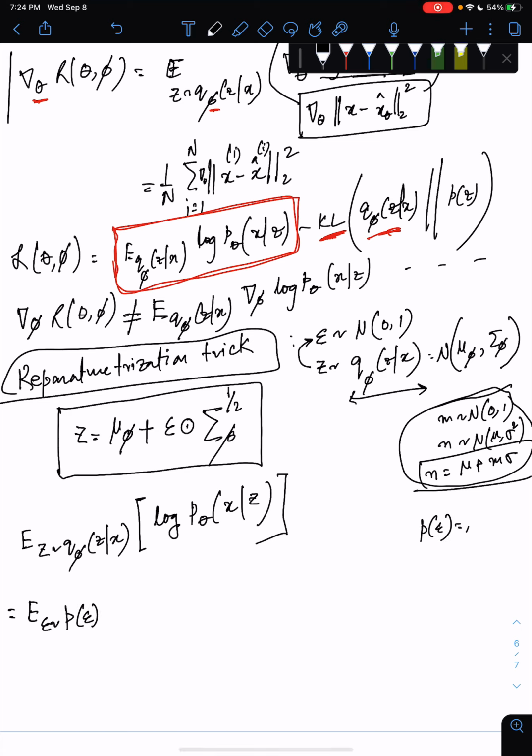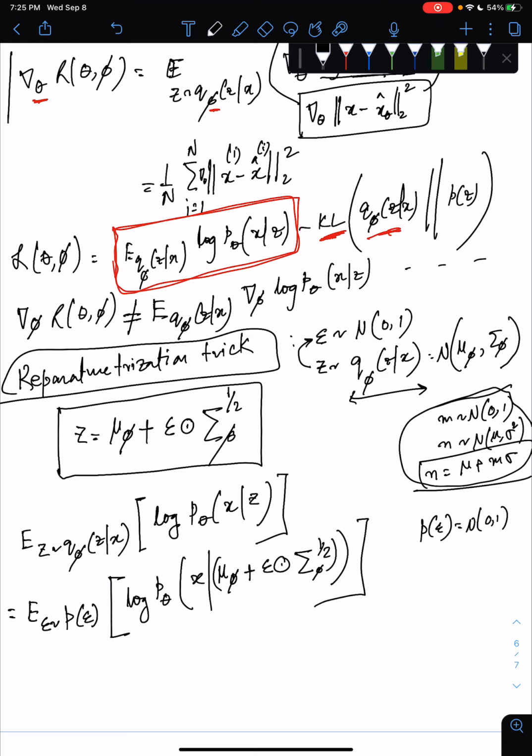Empirically, we can sample from the standard normal distribution L times.